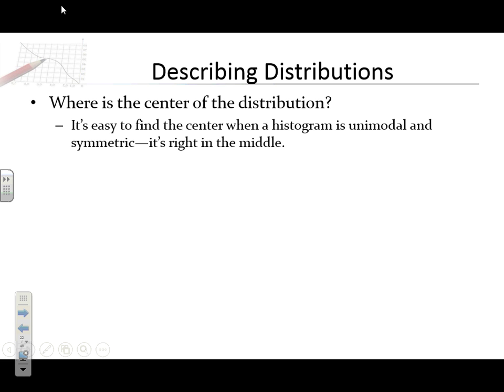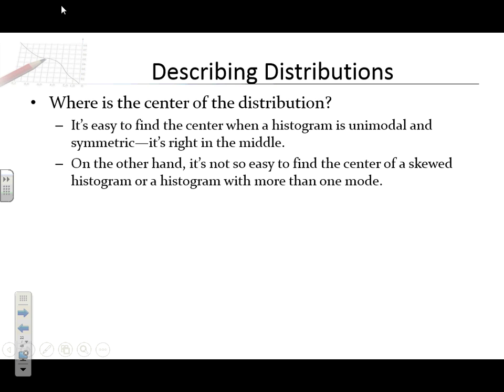So if our distribution is symmetric to start with, we just pick the middle value, that's going to be our center. But if we have a distribution that is skewed, or if we have a distribution with more than one mode, so if we have a bimodal graph, that center value can be a little bit tougher to identify.